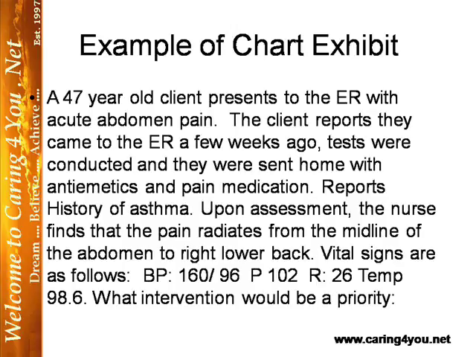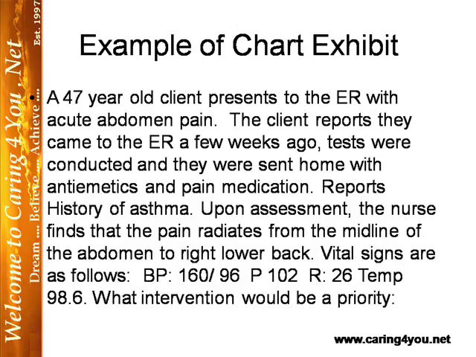So first, let's talk about an example of a chart exhibit. This is actually an example of myself. A 47-year-old client presents to the ER with acute abdominal pain. The client reports they came to the ER a few weeks ago, tests were conducted, and they were sent home with antiemetics and pain medication.